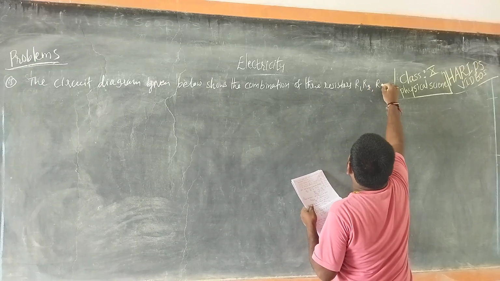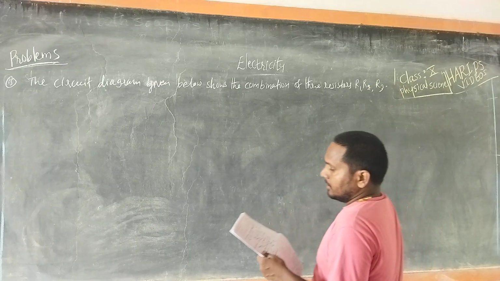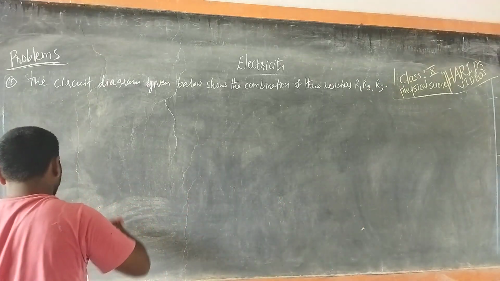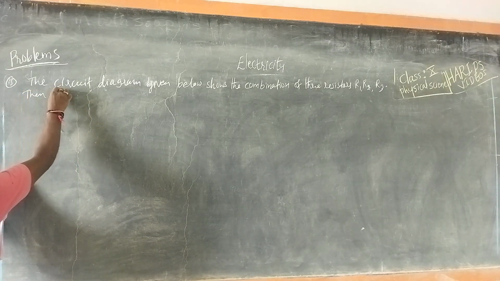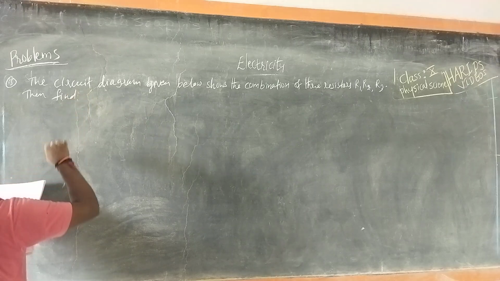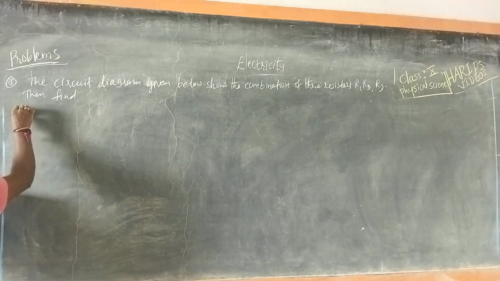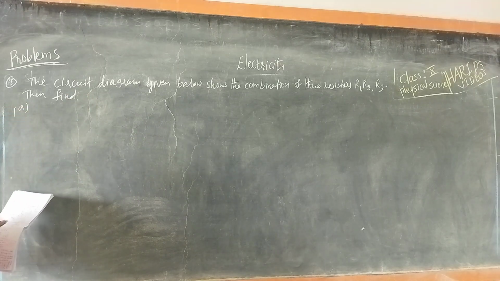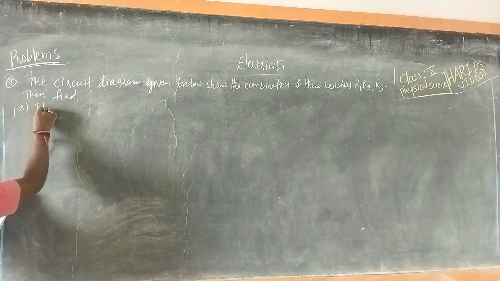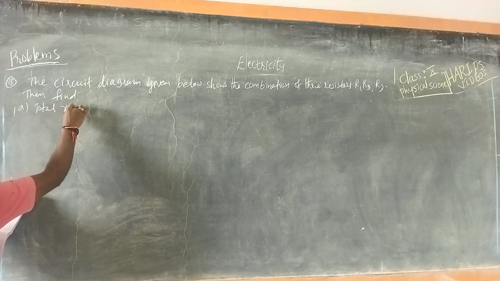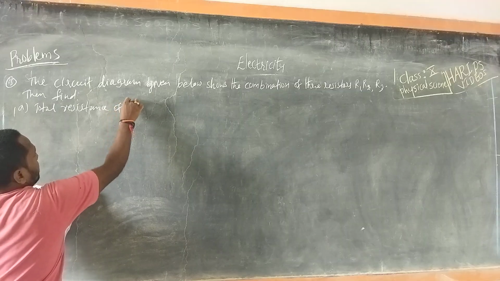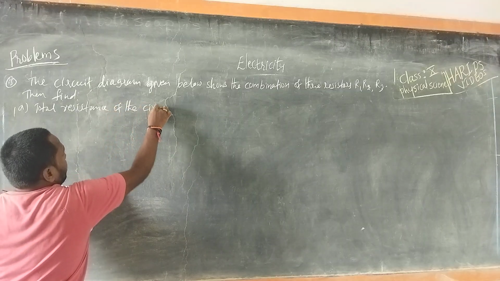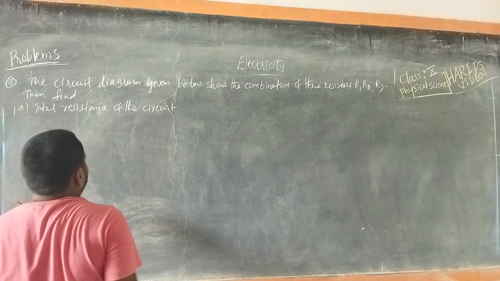Then find three parts. Total resistance of the circuit.